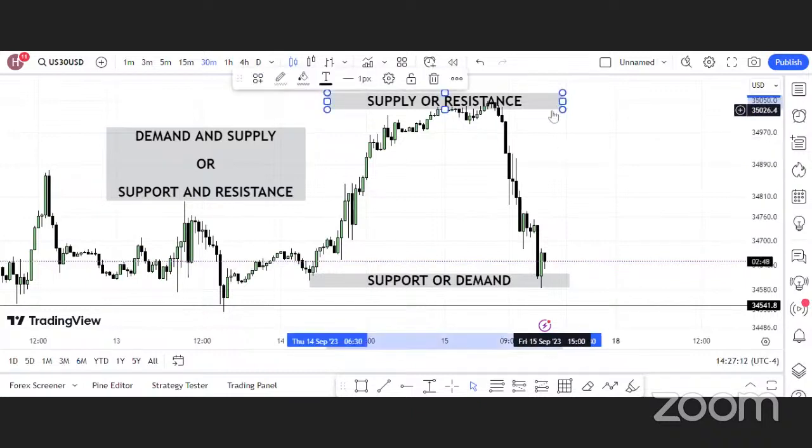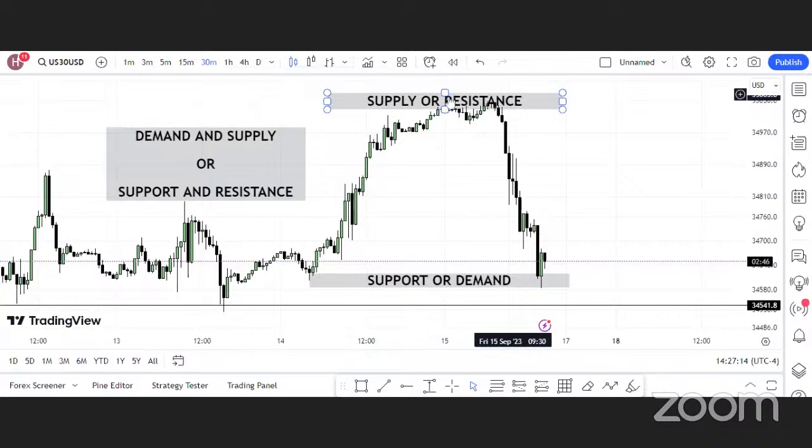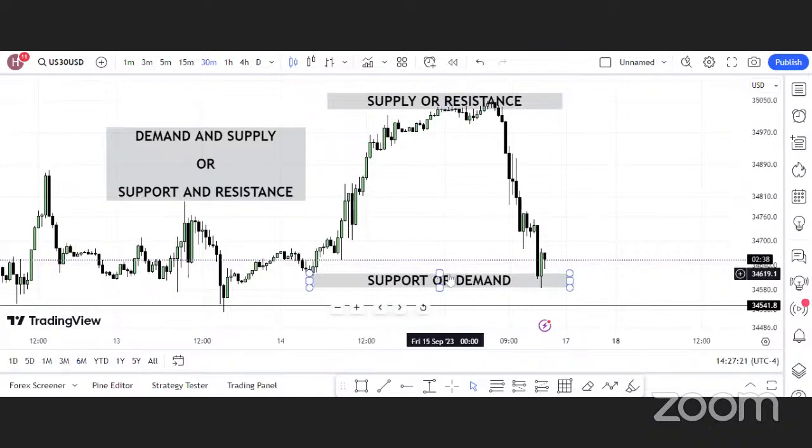The key point of interest here is that whenever the market gets to these areas, supply or resistance zone, or the support and demand zone, the market always pauses and tries to make a move in the opposite direction. When this market got to this point, it started making a move to the downside. When it got to this support zone, it began to make a move to the upside.